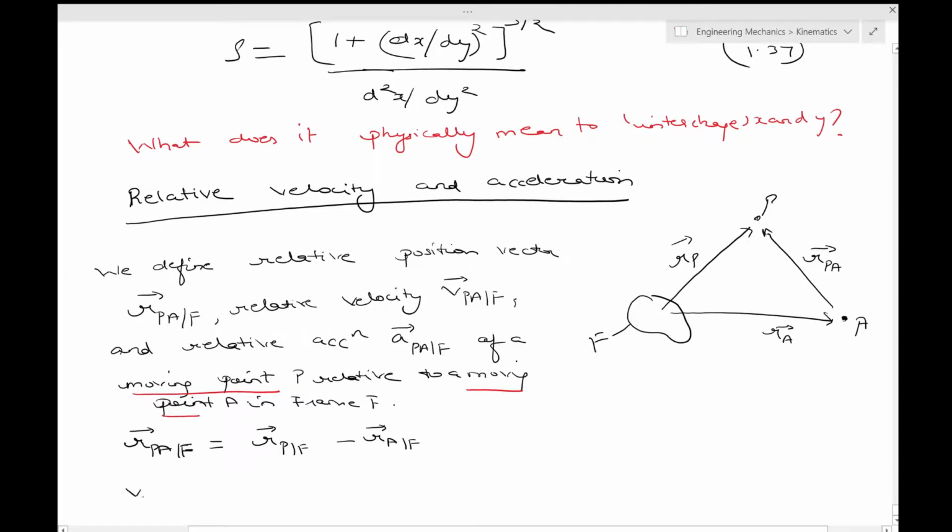and similarly the relative velocity is RPA of F dot, that would be equal to RP of F dot minus RA of F dot, which is VP of F minus VA of F. This is 1.39.